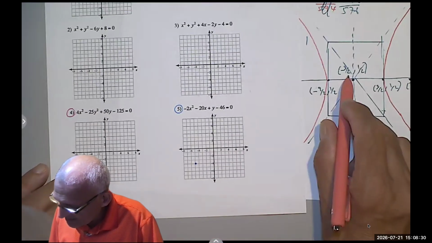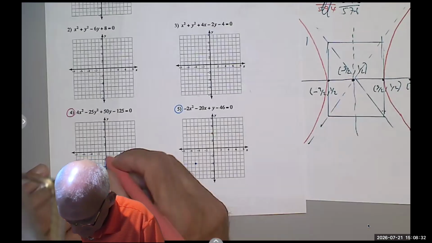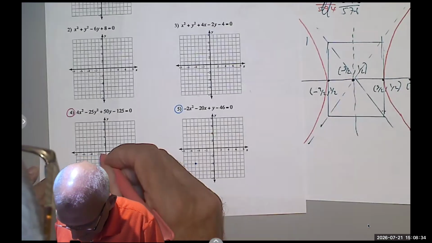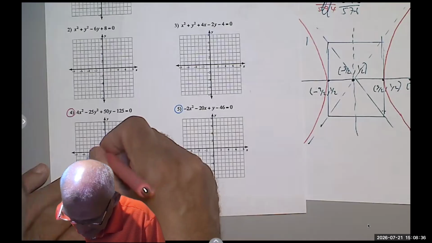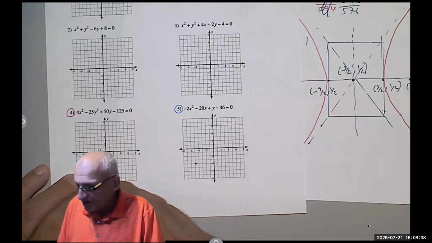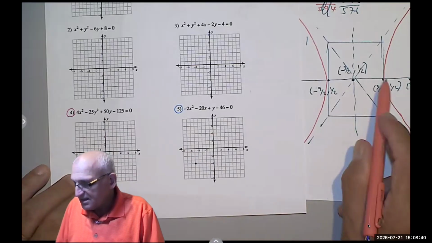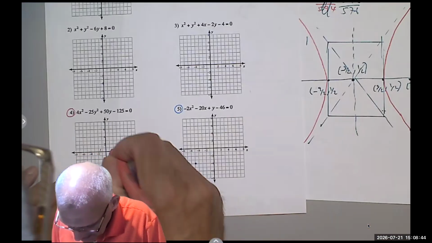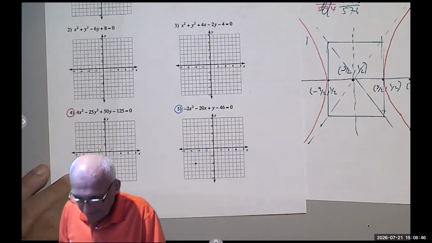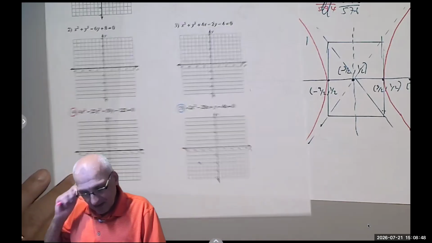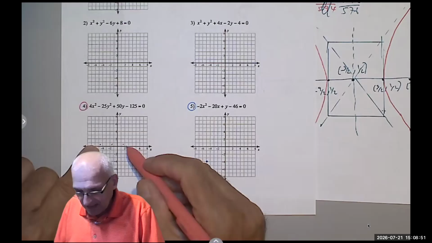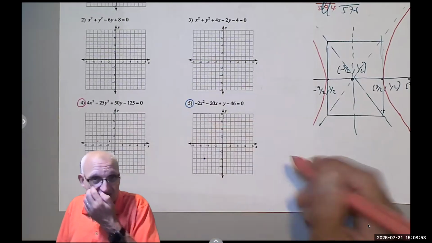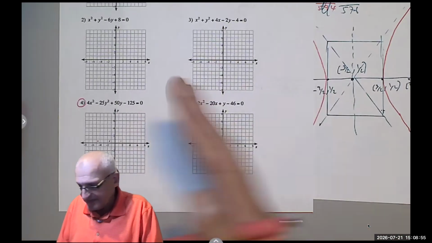We said negative 3/2 and 1/2. This is the center. And then you are going to calculate 3 units to the right and 3 units to the left to get the vertices, and then you are going to plot. It's not easy on this paper. It's very small.